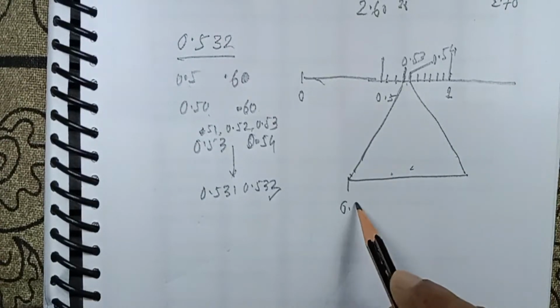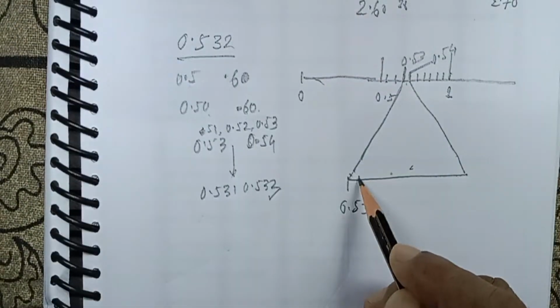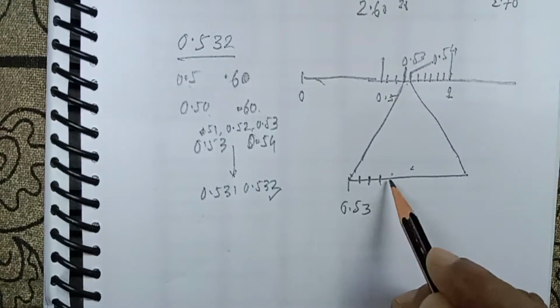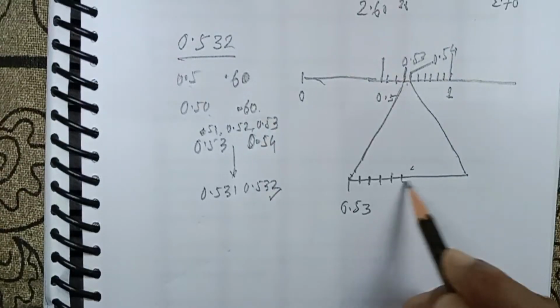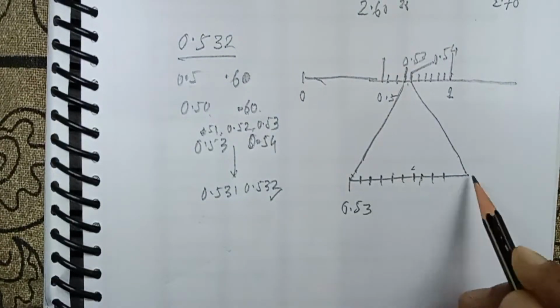This one is 0.53, 0.531, 0.532, 3, 4, 5, 6, 7, 8, 9.